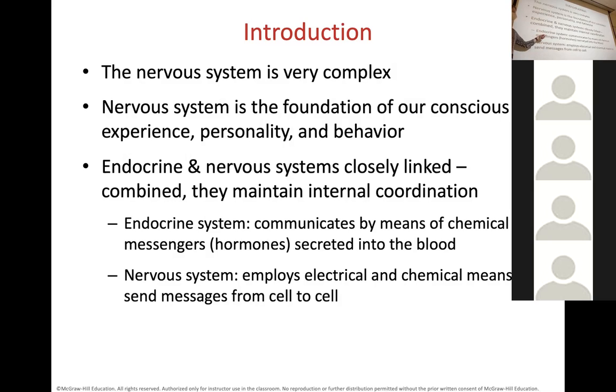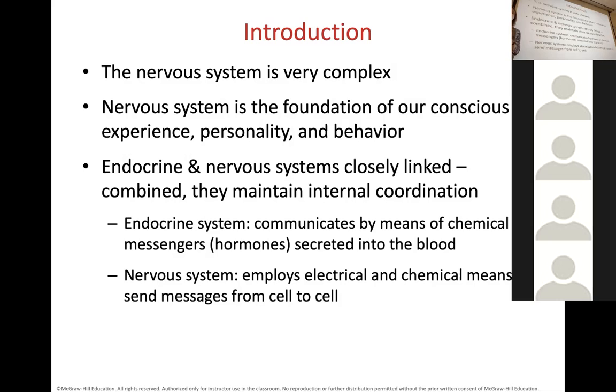So the endocrine system will release hormones. The hormones will often affect the nervous system, but the nervous system's role in all of this and the internal coordination aspect of our bodies is to use electrical and chemical impulses to send signals around the body.